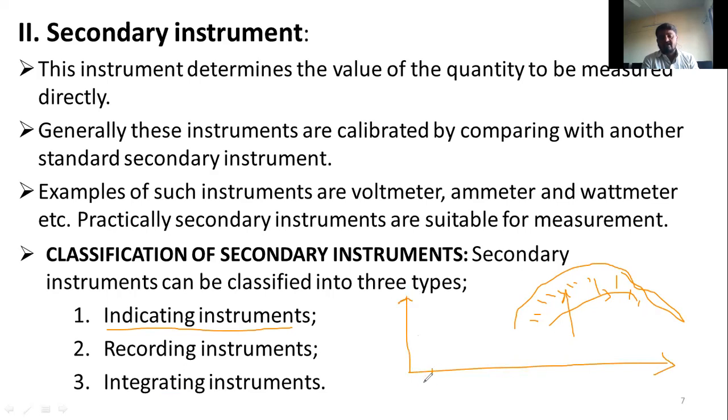Here I will consider morning 6 a.m. Every hour I want to calculate the power: 6 a.m., 7 a.m., 8, 9, 10, 11, 12, up to 12 p.m. We can measure over there what is the power value at 6 a.m., at 7 a.m., at 8, at 9, and like that it is going to record it.